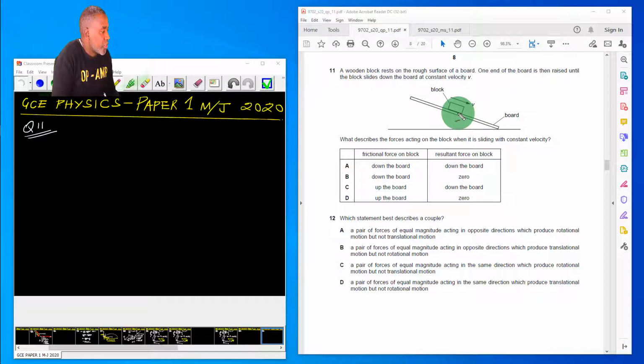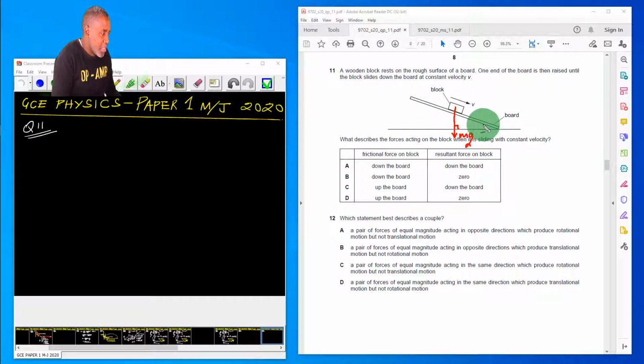One of the forces acting on this block is its own weight, and we represent that with an arrow drawn vertically downwards, and we call it mg. How do we tell that it is vertically downwards? This arrow that you draw should always make 90 degrees with any horizontal line, and this is such a line. So that is how you make sure that that is the case.